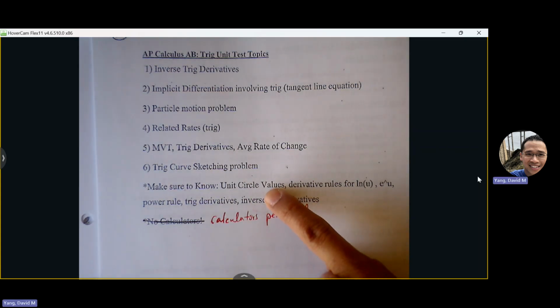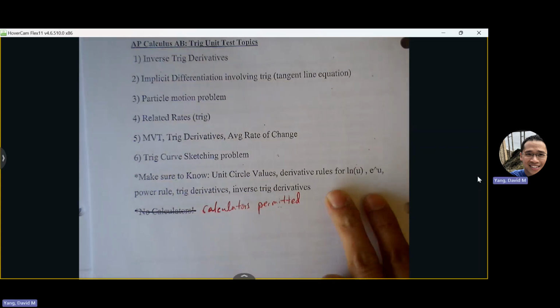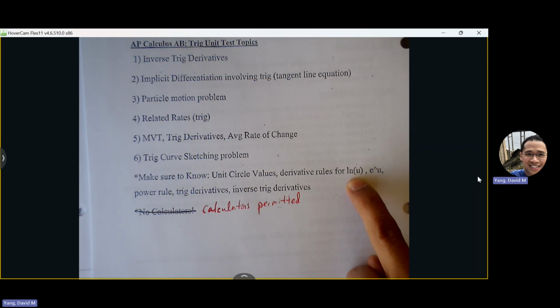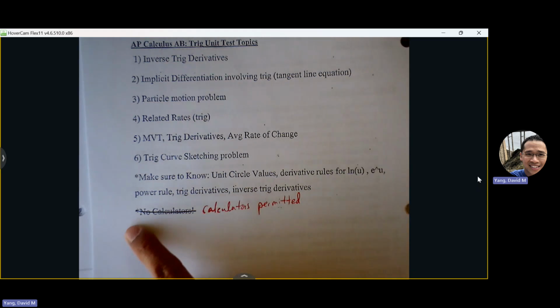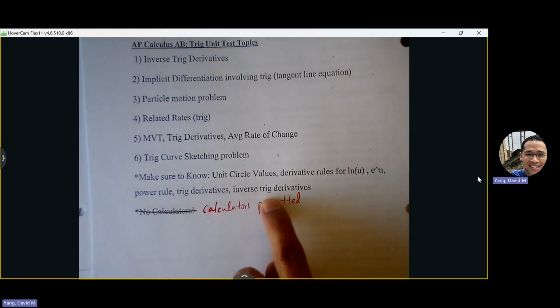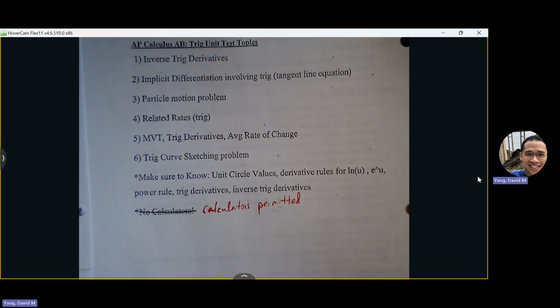We need to make sure we know our unit circle values. We need to make sure we know our derivative rules, but just the basic, big functions like natural log, e to the u, power rule, trig derivatives, and then the inverse trig derivatives. None of the more obscure ones, like a to the u, log base a of u.